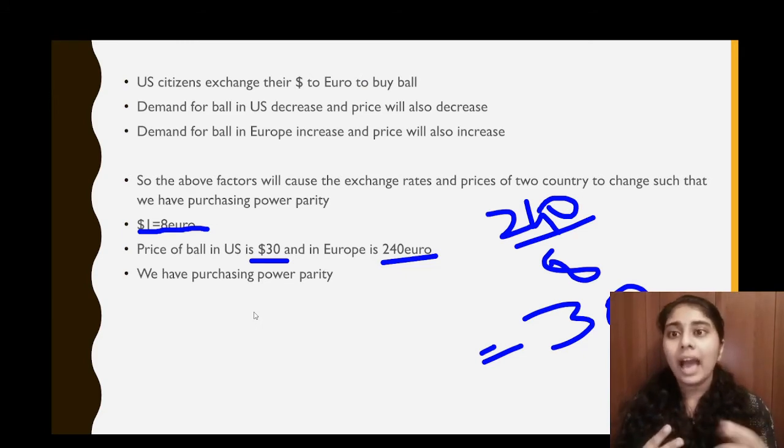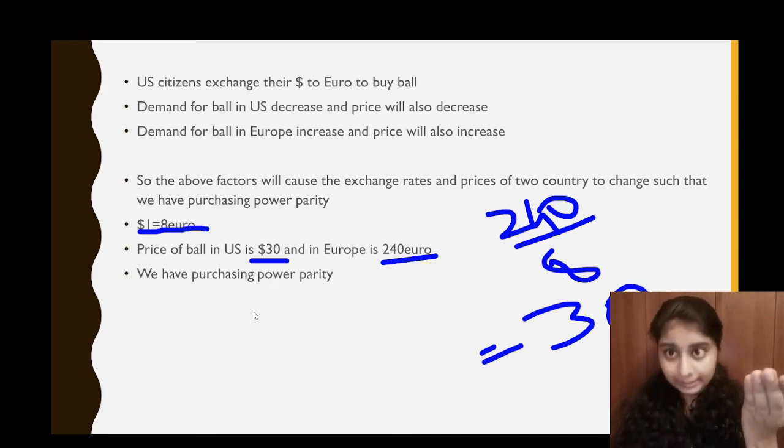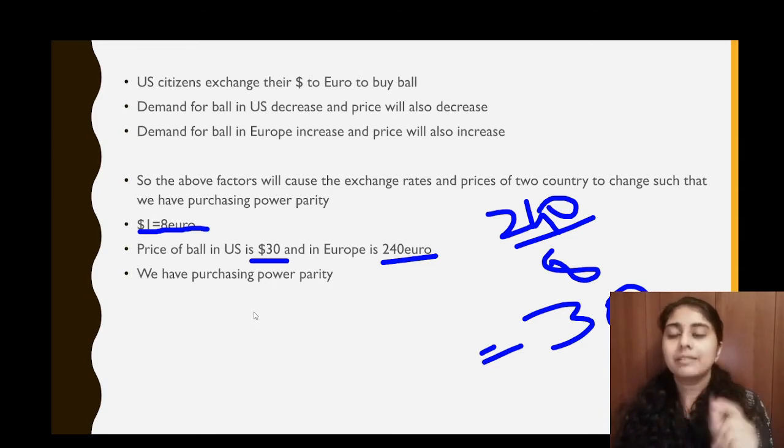Second, as everyone is purchasing from Europe, the demand for the ball in America decreases, and as the demand decreases, the price also decreases. Third, every customer is buying the football from Europe, so the demand for football in Europe increases, and the price will also increase.